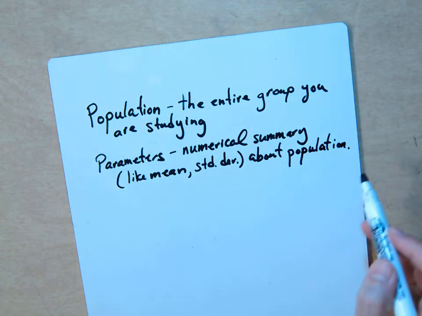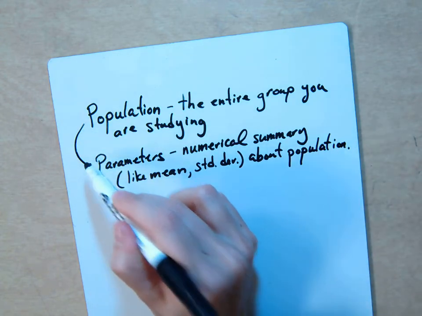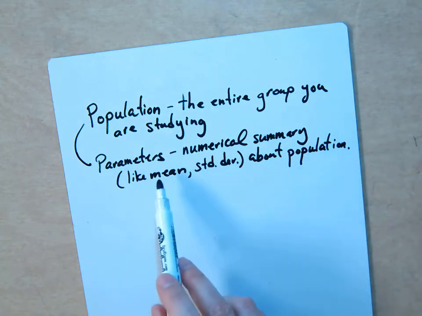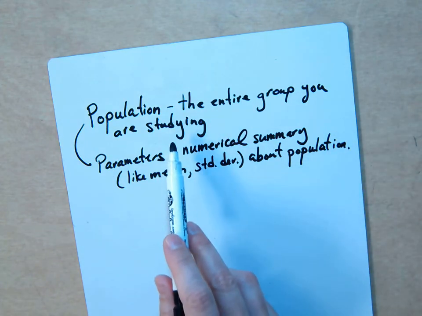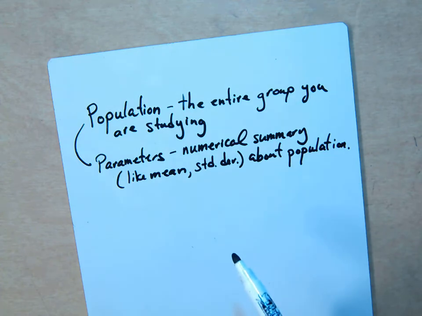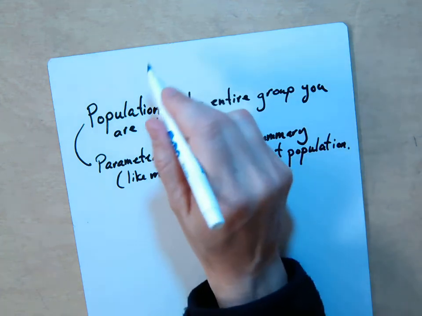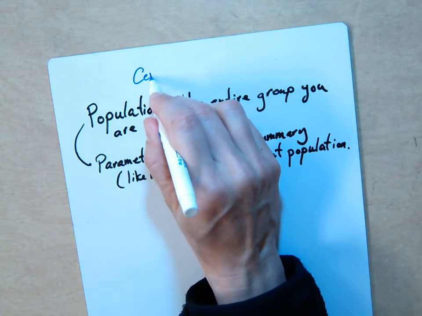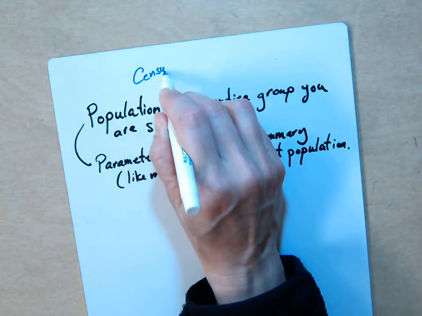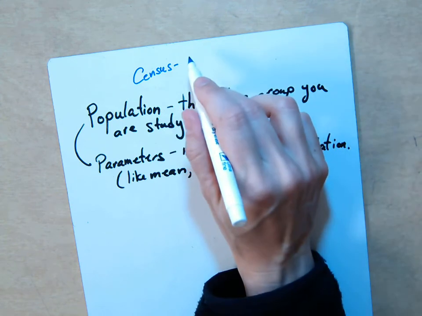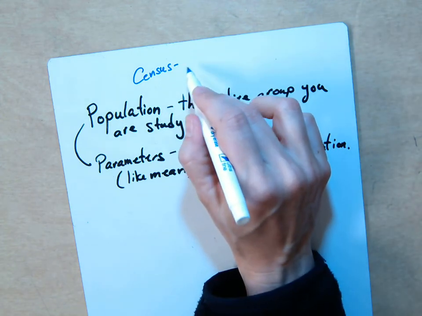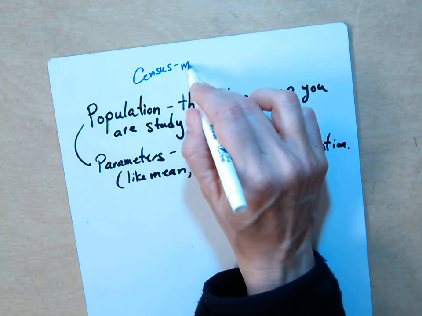Numerical summary about the population. So these two words, population and parameters, go together, and the parameter is measuring something about the population. Those go together. Okay, and now there's a kind of side word here called census, and that is if you can measure every member of the population, you're taking a census.